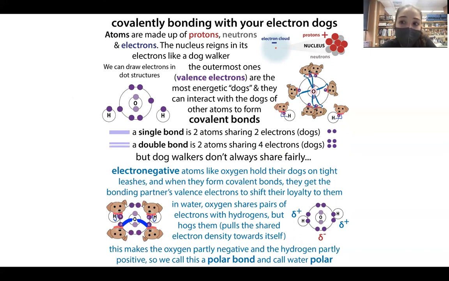Some elements have stronger dog walkers, so they have a stronger ability to rein in those electrons. Oxygen's really good at reining them in. Hydrogen, not so much. Hydrogen only has that one proton trying to rein in that electron, and the electron's really energetic, so it's going to hang out more with oxygen, which has a stronger pull.